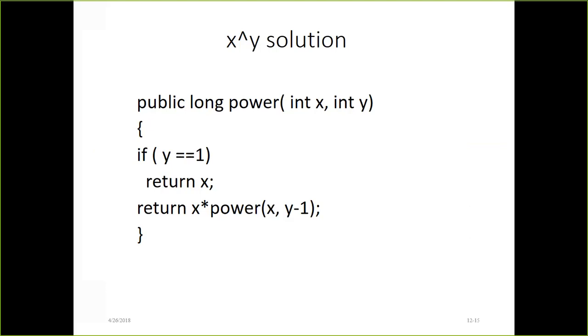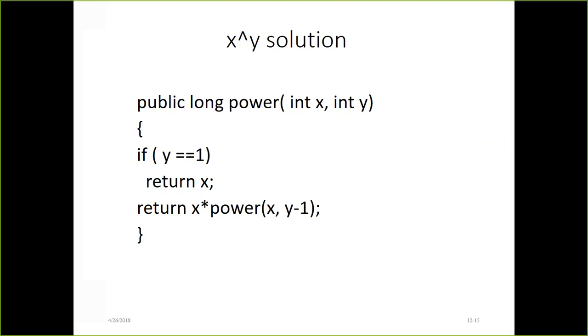Whatever you do, you have to think about where you are going to stop. This is your base case. If you stop at 0, then we can return 1. Otherwise, if you stop at 1, then you will return x to the power 1 equals x, right? Otherwise, what you are doing is x times x to the power 5 minus 1, right?